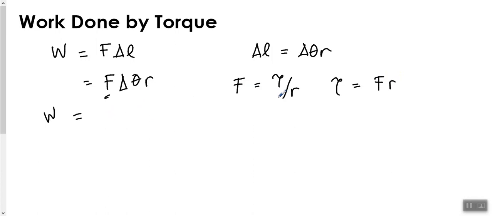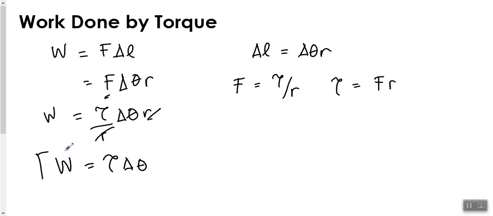So we could plug this in here, torque over R, times the change in displacement times R, so we can cancel that out. So we have work is equal to torque times angular displacement. That's our equation. Same unit for work as translational motion, which is in joules.